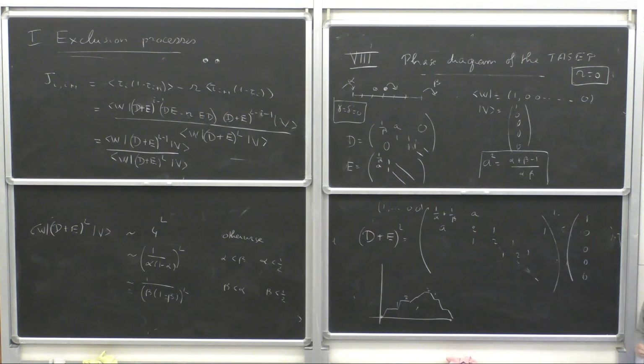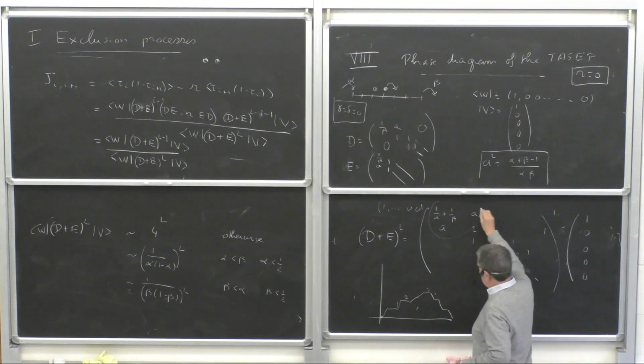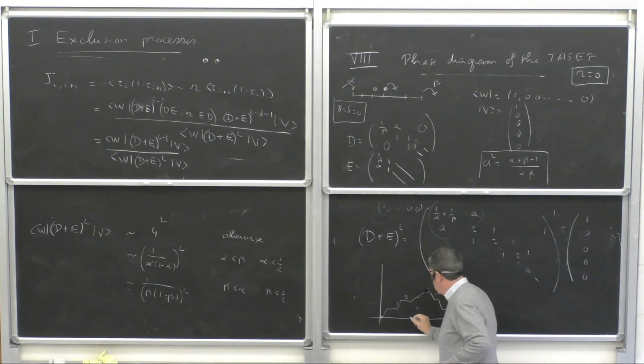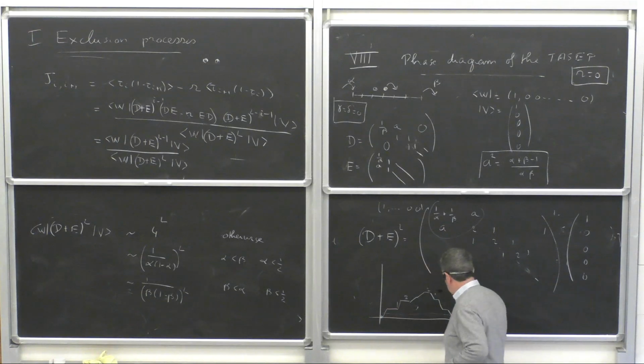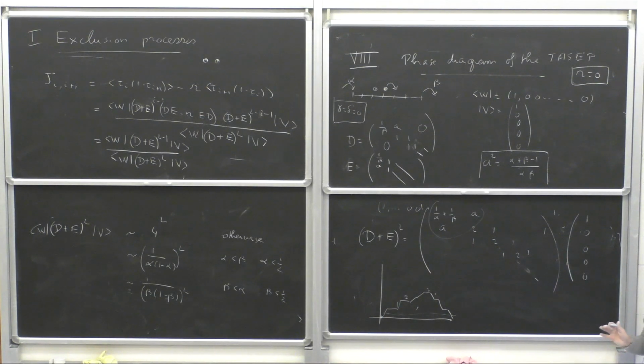I have a walk like that, except that because of these terms here, when it touches very close to the origin, it does something a little different. The weights are not exactly the same. So two things can happen.